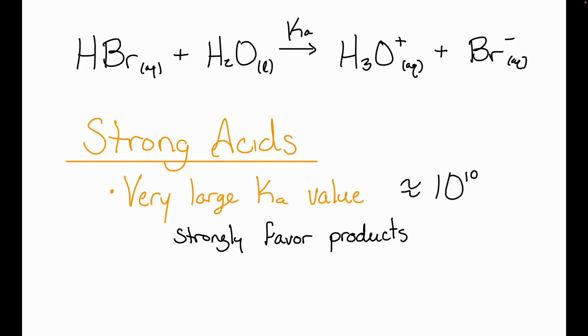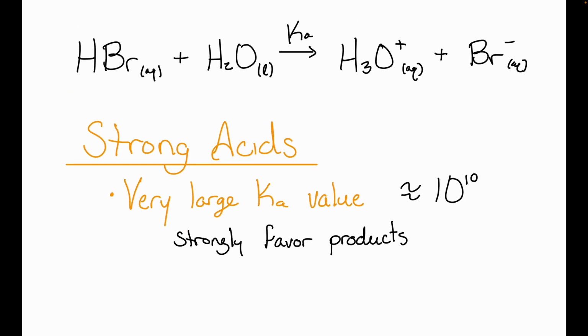All right, so much so that in our treatment of these strong acid solutions, we're just going to pretend that these reactions go 100% to completion. That every single one of your strong acid molecules get converted into hydronium and conjugate base here. All right, and that's going to make our life a lot easier in terms of the calculations.